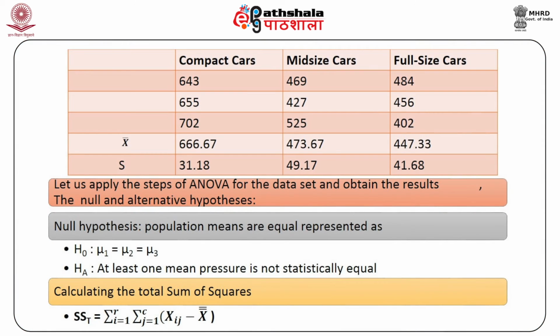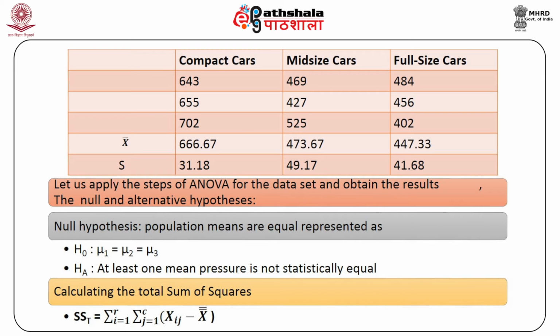For example, the transport department wants to examine the safety of compact cars, mid-sized cars and full-size cars. They collect a sample of 3 for each of the treatment conditions, that is, the car types. Using hypothetical data, one wants to test whether the mean pressure applied to the driver's head during a crash test is equal for each type of car with alpha equal to 5%.